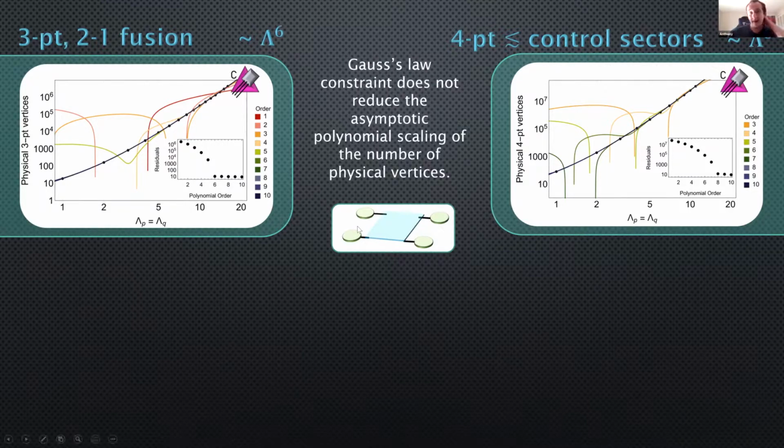But that could be changed by applying Gauss's law as a constraint. But what we found is that if you look at all the allowed states for a 3-point vertex where you have 3 links coming in, Gauss's law does not change the asymptotic scaling of the number of allowed states at a given vertex. Same thing if you consider 4-point vertices.